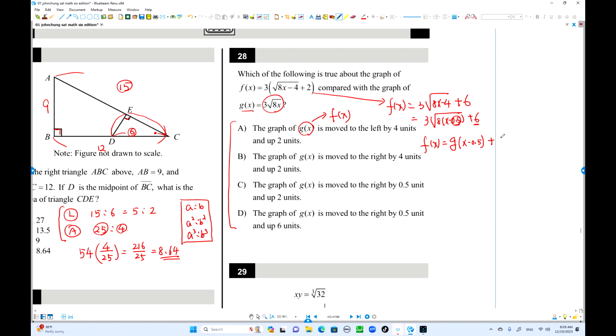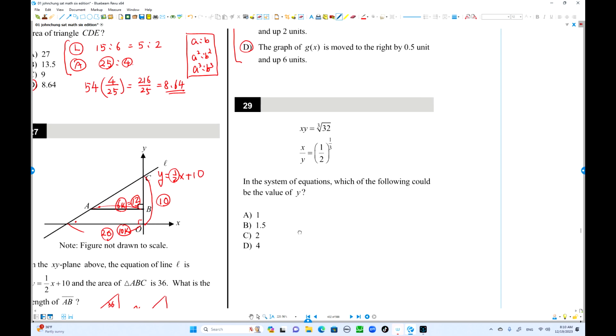After that, outside we still have a 6 there, right? What that means: 0.5 move to the right, and 6 units up, right? Okay. Choice D is the answer. This translation is very important, okay?